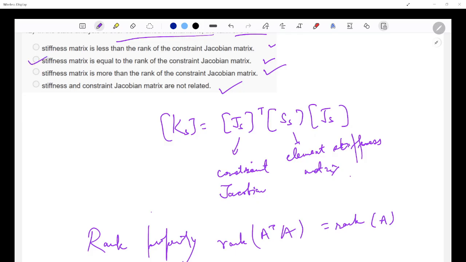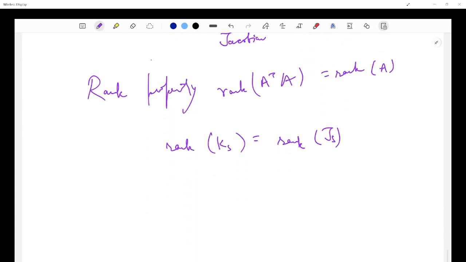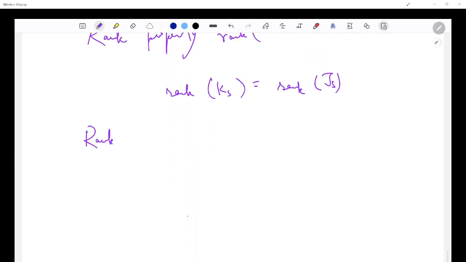Now, what does rank tell? It tells the number of independent constraints and the number of load carrying directions. I think I should write this.